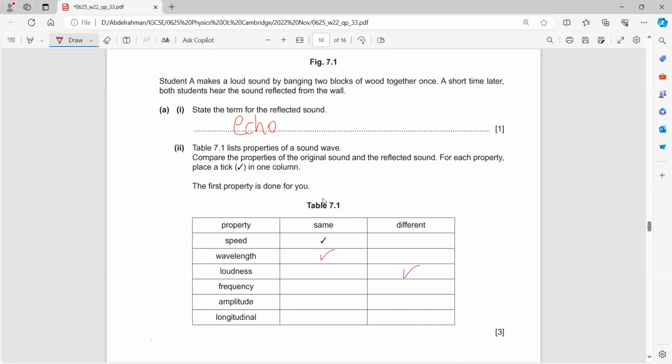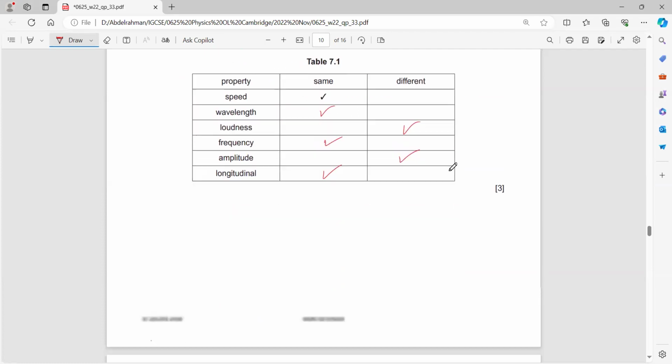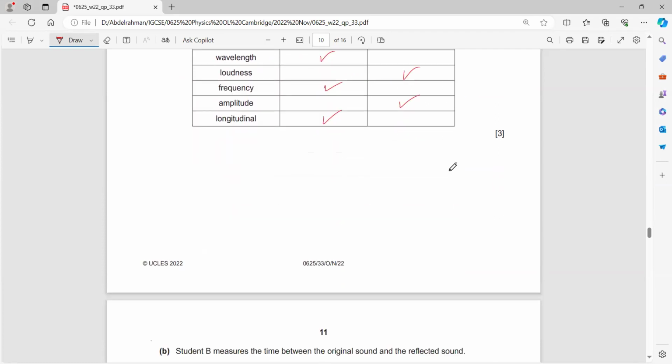Different. What about the frequency? Same. The amplitude, different. طبعا longitudinal, the same, both the same. You cannot produce a transverse sound wave. مفيش حاجة. There's nothing such as a transverse sound wave.